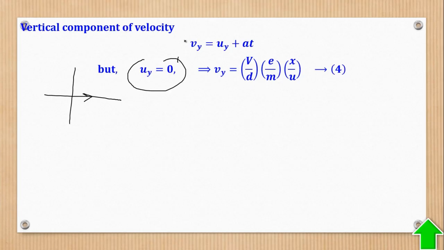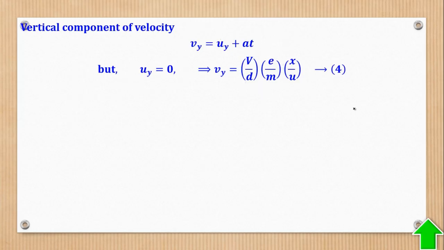So Uy is 0. And we have already got the expression for acceleration: electric field intensity times the specific charge. Then you also got the expression for time, I think that was equation 3, and it was the length of the plates over the speed.